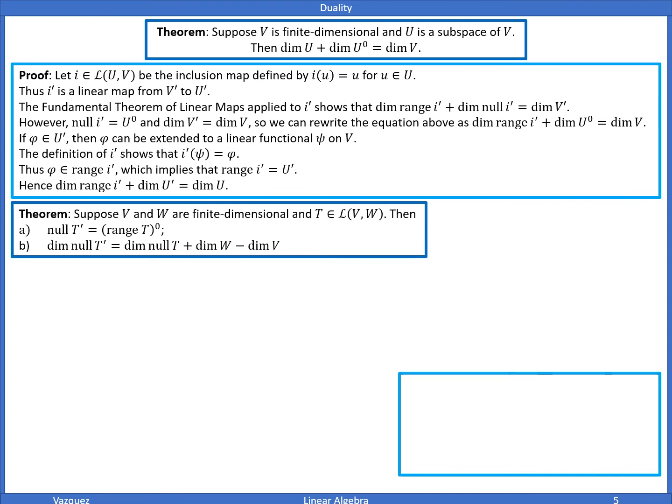Suppose V and W are finite dimensional, and T is a linear map from V to W. Well, then the null space of T prime, again, T prime is the dual map, the null space of that dual map is equal to the annihilator of the range of T.